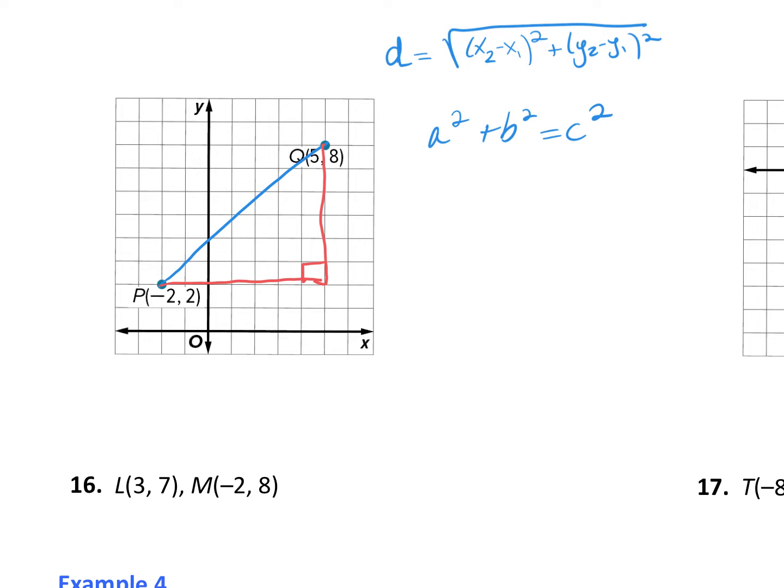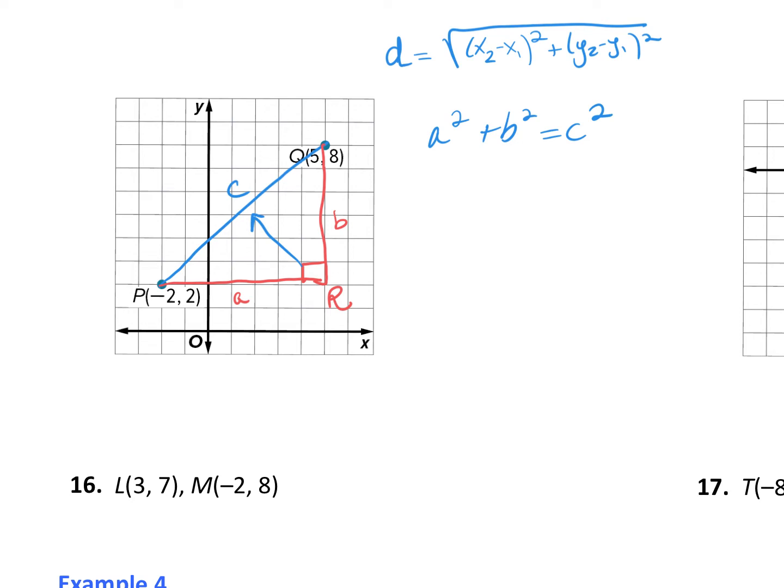So the red lines that we drew, we can count the length from P to R and the length from Q to R, and that will give me my two sides A and B. For Pythagoras' theorem to work, the longest side, or the side opposite the right angle, has to be C for this formula to work. And it doesn't matter if you interchange A and B.